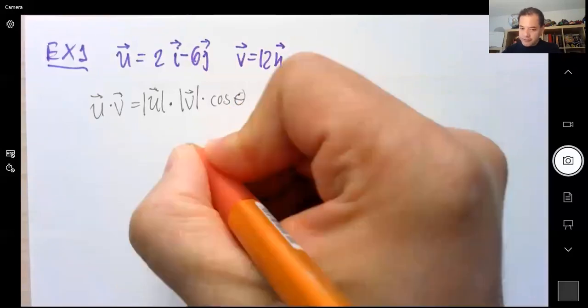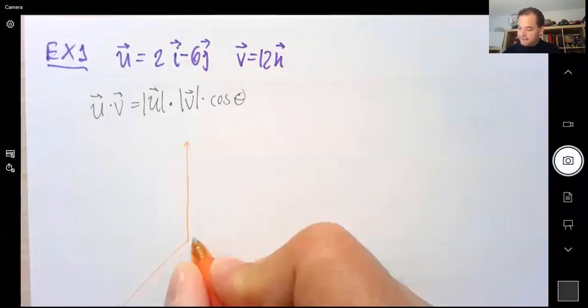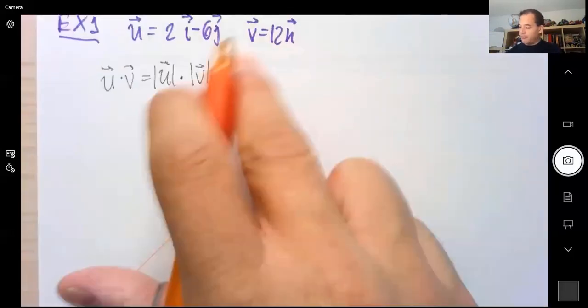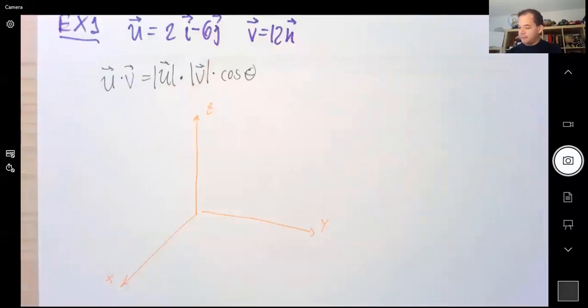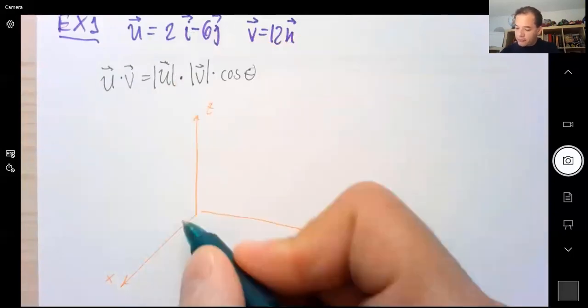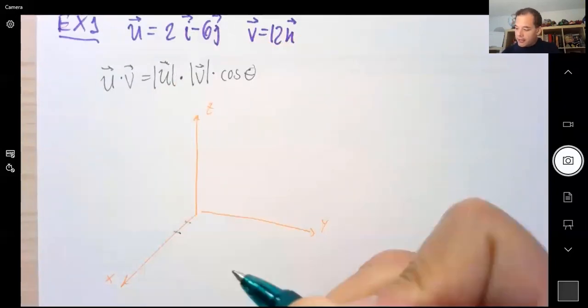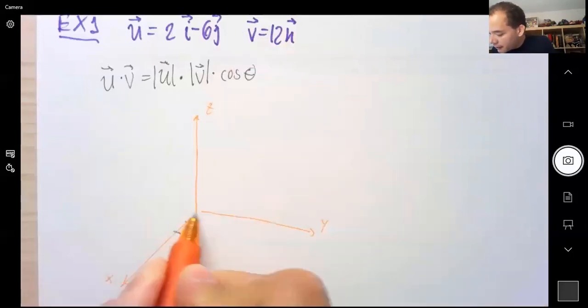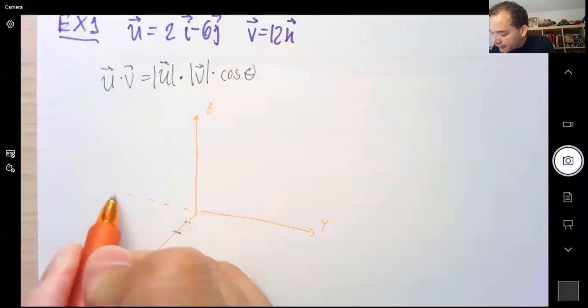So here are our axes, 3-dimensional axes. Remember, this is X, this is Y, and this is Z. And we're going to plot these points. So the U vector is, we go 2 units in the I, meaning the X direction. So 1, 2 units. And then we go -6 units on the Y. So let me continue the axis on the other side.